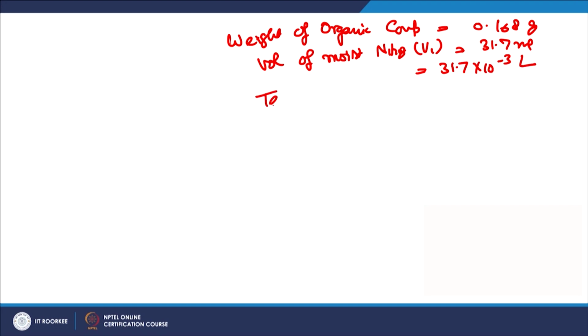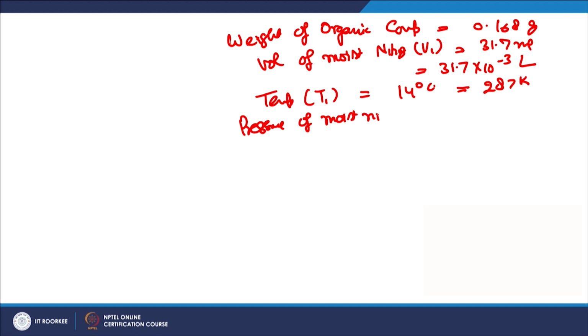The temperature given is T1, 14 degrees Celsius or 287 Kelvin. Now pressure of moist nitrogen P, that is 758 mm of mercury.